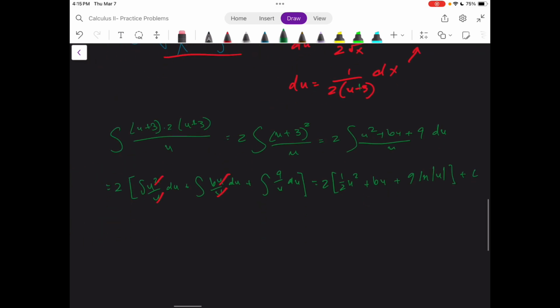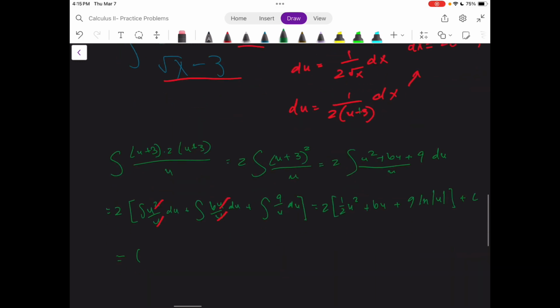Our final step is just going to be plugging back in the function of u. So it's all equal to, and we could also distribute that 2, so the 2 will cancel the 1/2 and just make a u squared. U is the square root of x minus 3.